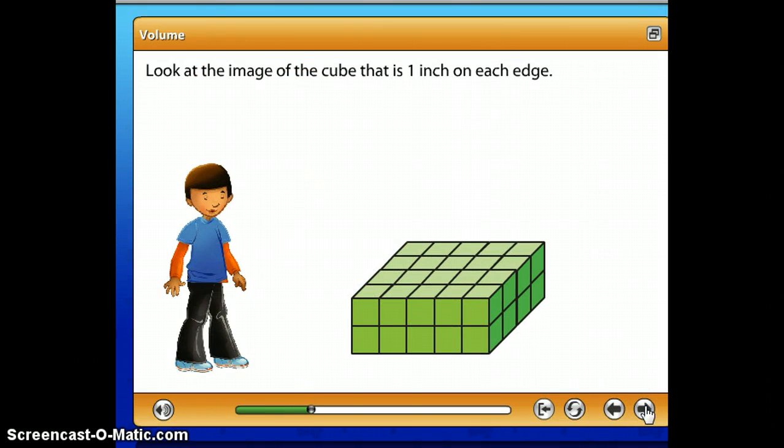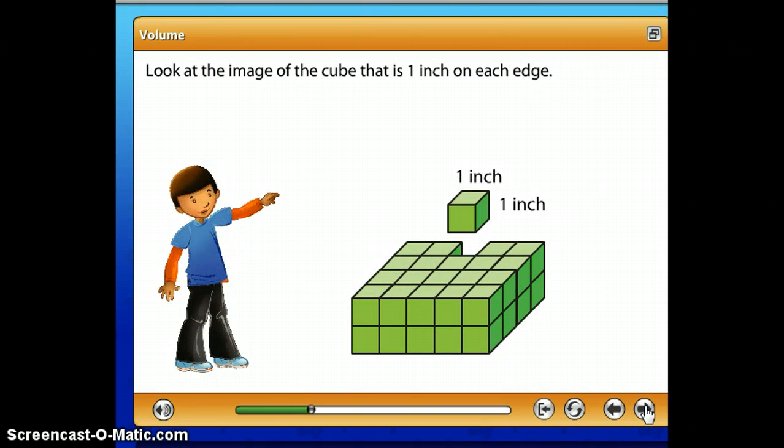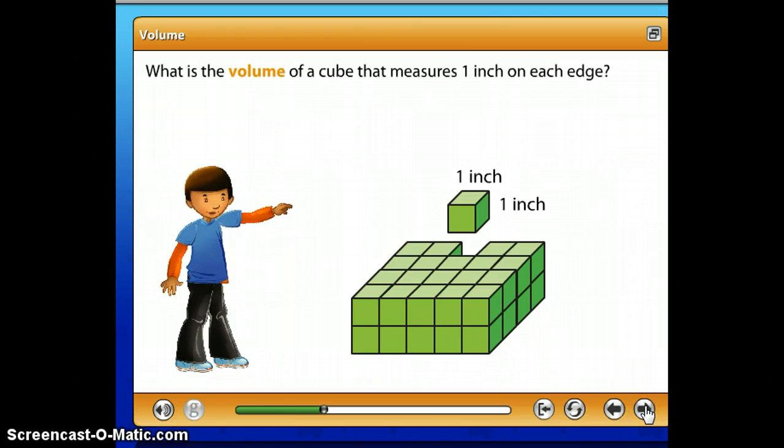Look at the image of the cube that is 1 inch on each edge. What is the volume of a cube that measures 1 inch on each edge? So if that cube is 1 inch on every edge, what is the volume of that cube?